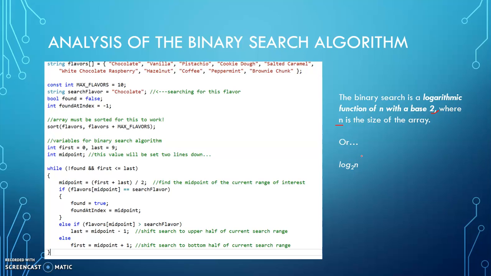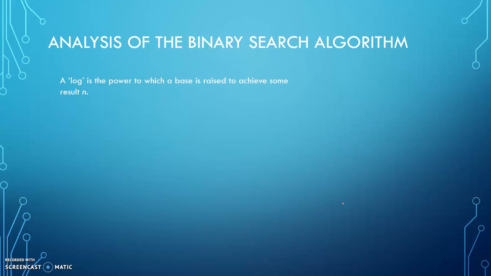So we can also express that as the log of n with a base of 2. So that's, obviously, the mathematical way of expressing that. So let's put computer science for the most part out of our mind for a moment and just review what we mean by a log. A log is the power to which a base is raised to achieve some result n, okay?